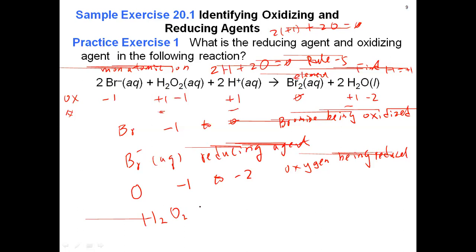So H2O2 is our oxidizing agent. That's how, step by step, you find out the oxidizing agent and the reducing agent.